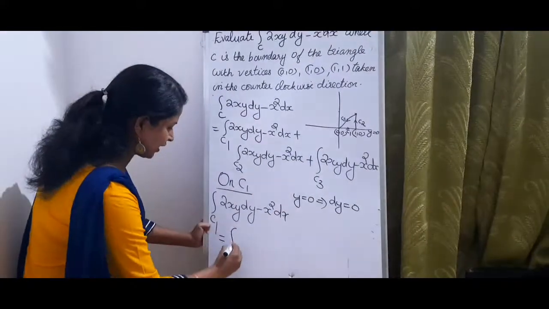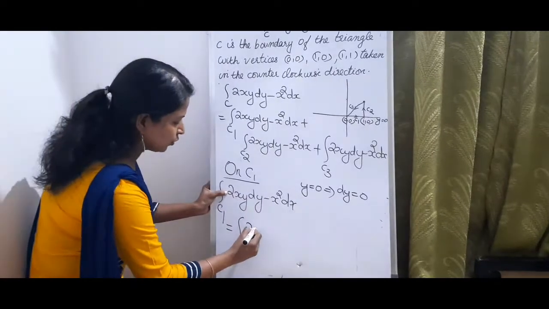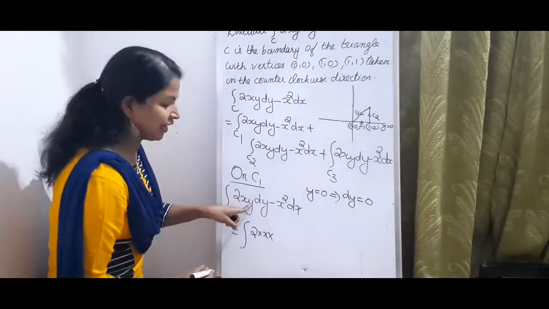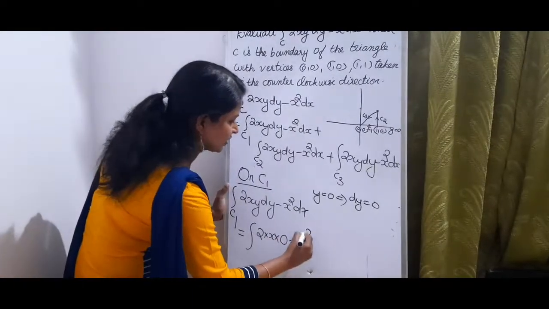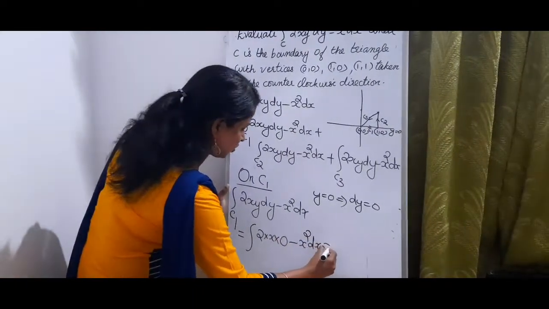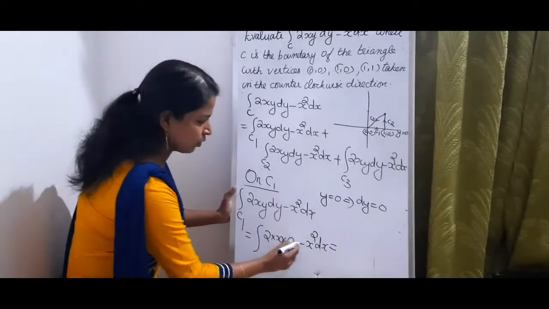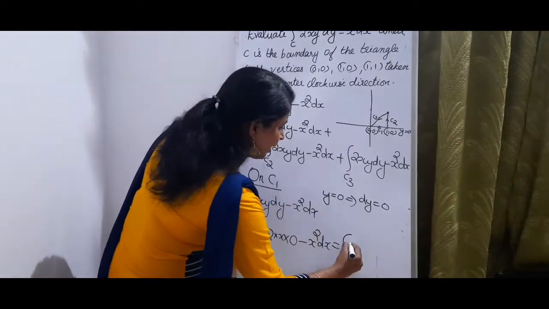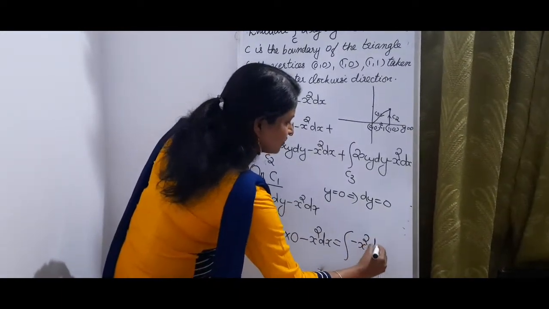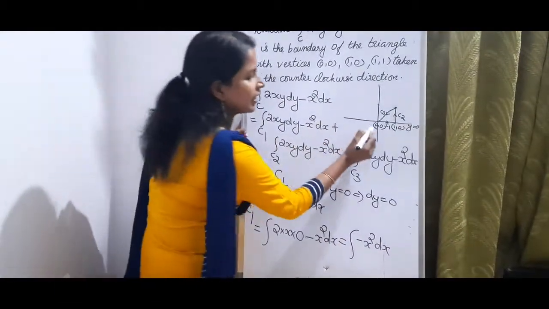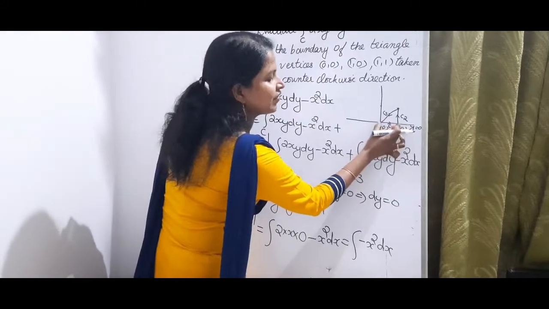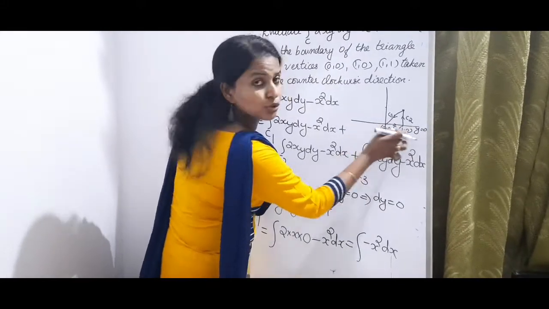So the integral of 2 times x times y, which is 0, times dy, which is 0, minus x squared dx. That is equal to, this part is 0, the integral of minus x squared dx. The limit: this curve is from (0, 0) to (1, 0).